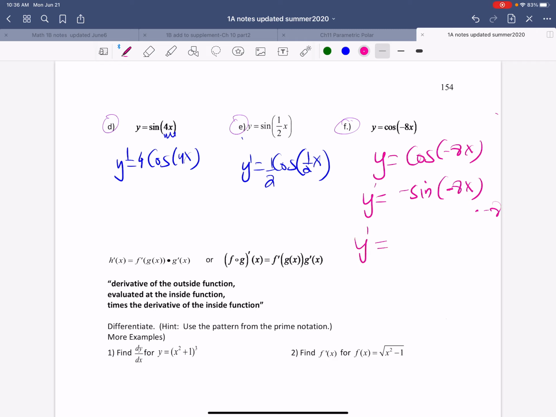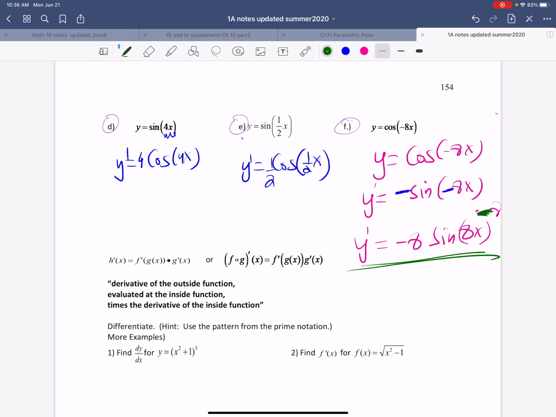Y prime would be equal to, so if sine is an odd function, the negative inside can be pulled out. That would make negative 8 sine 8x. If you pull the negative out, the negative here and here will become positive, but the last negative in front of 8 will stay, and that will still be the same that we got last time. Y prime would be negative 8 sine 8x.